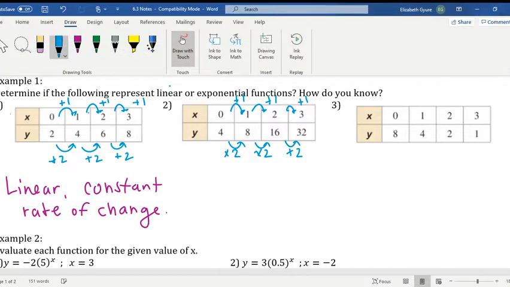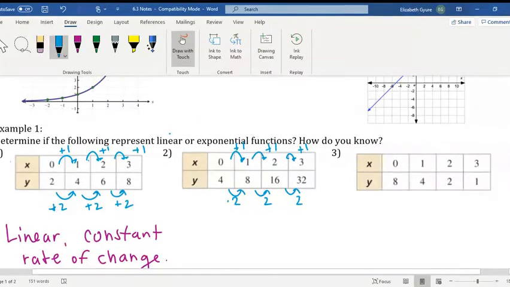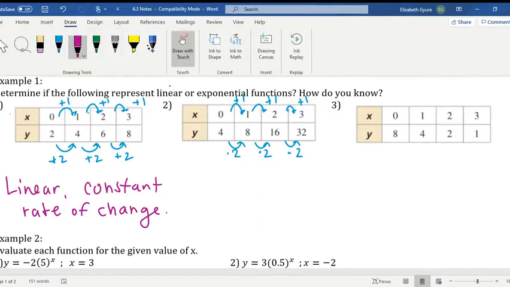So this time, I don't want my x's to accidentally look like plus signs. So this time, if we're multiplying our y's, would this one be linear or exponential? Definitely exponential.